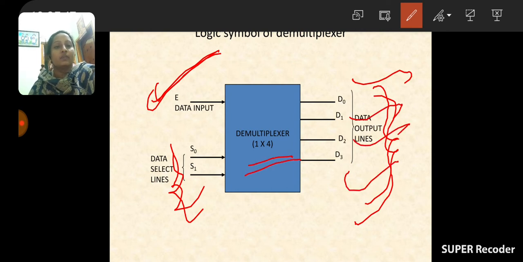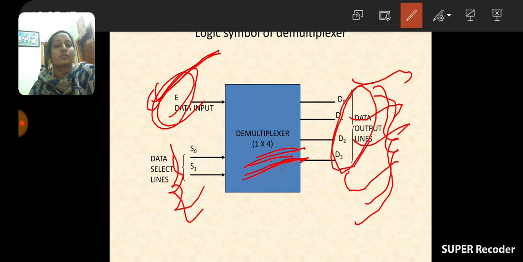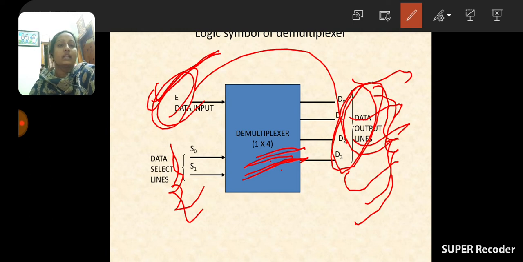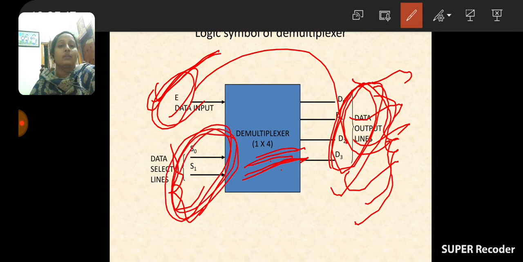The name of the circuit is called 1 to 4 demultiplexer. Why is it called 1 to 4? Only one input is there and four outputs are there. The data must be transferred over one of these four output lines, depending upon the input applied to the selection lines. Is it clear?